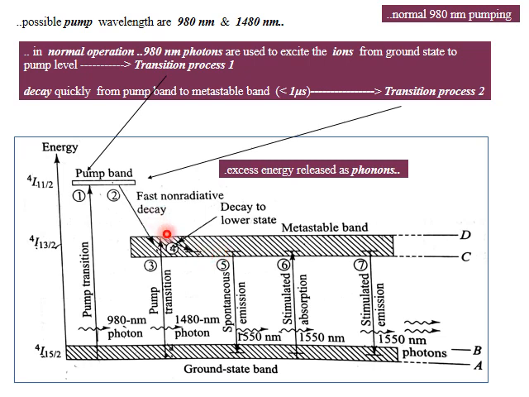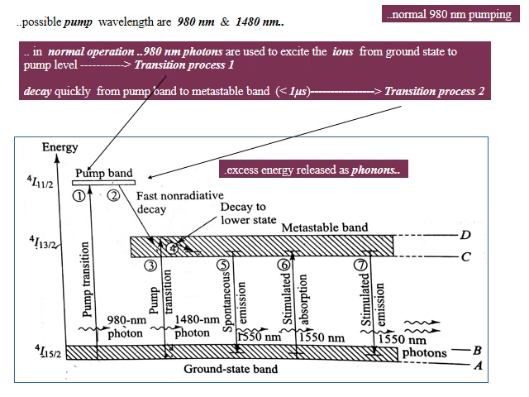Now they came to the D layer, then after some time they will start accumulating more in number at the bottom of the metastable band, that is C, and this results in population inversion or optical amplification. At around 1500 nanometers, population inversion will start taking place. So this is what happens during normal 980 nanometer pumping.